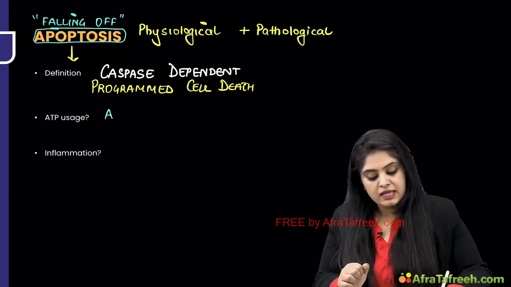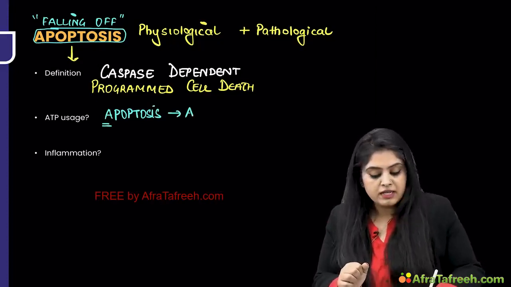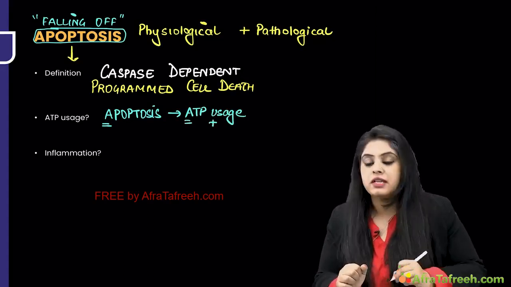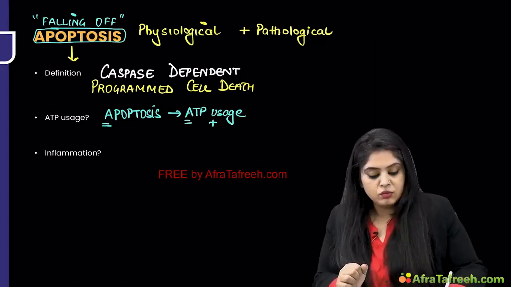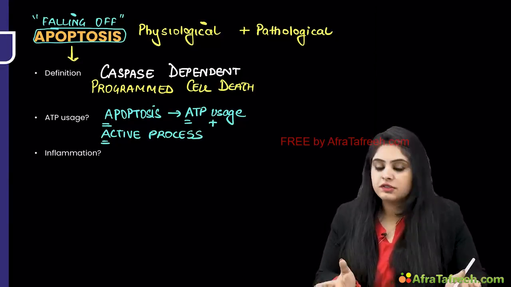Okay, does it need ATP usage? Correct. Remember AAA. When you're talking about apoptosis, does it require ATP usage? Yes, it is going to use ATP. So another A. And that is why this is known as an active process, another A. So apoptosis is an active process. Why do you call it active? Because it uses ATP.